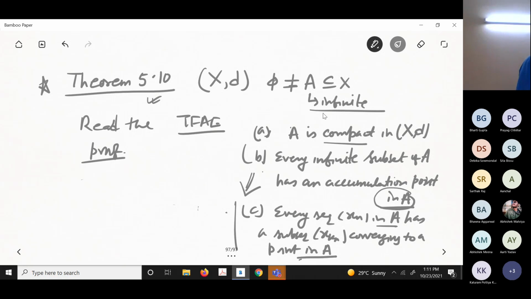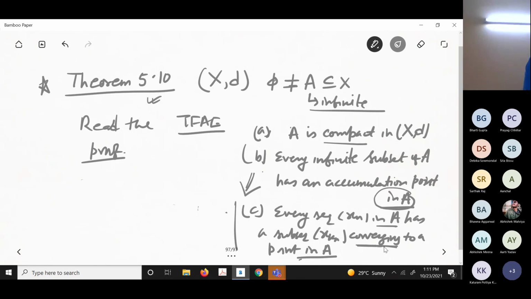And look, C implies A also, you should see that. Also here you see that every sequence has a convergent subsequence. Here is the difference with total boundedness. Total boundedness only gives me a Cauchy subsequence. So that's why compactness is stronger than total boundedness in a metric space.